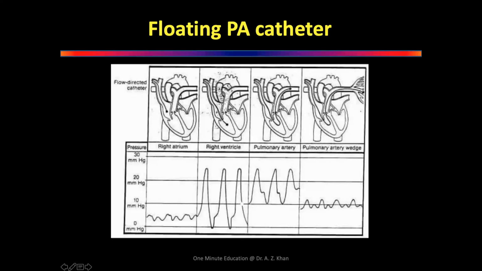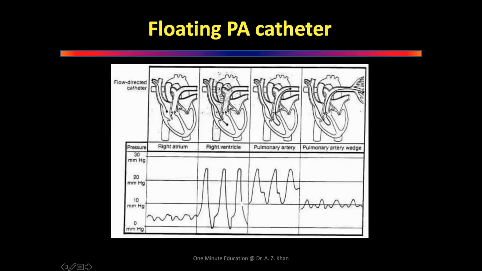And then when it comes into the pulmonary artery, you know you are in the pulmonary artery when the tracing changes and the tip of the sensor shows you a pulmonary artery tracing. Okay, so then you get the tracing of 10 to 25. This is a different thing. This is pulmonary artery now.